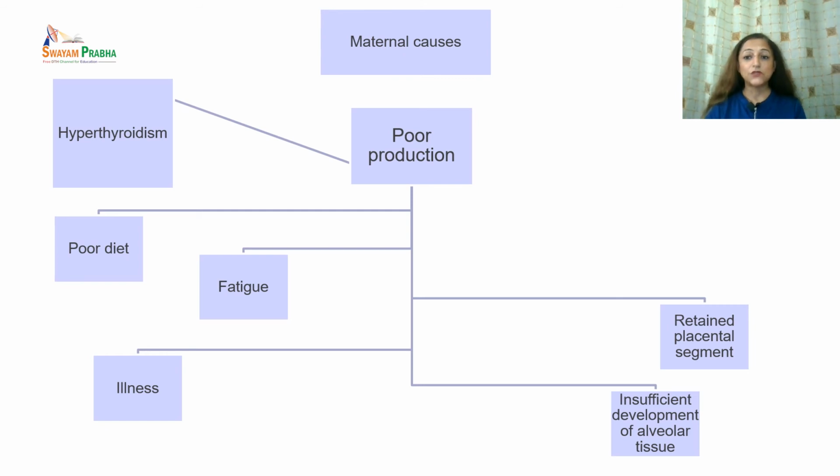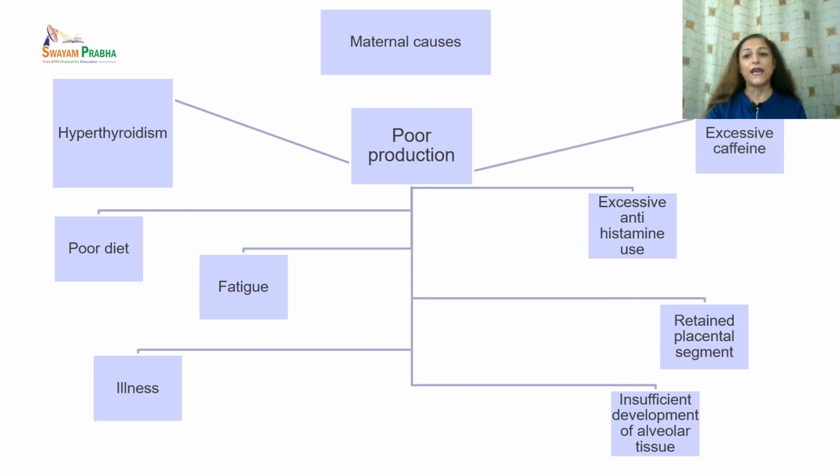So if a segment of a placenta is retained in the body, or could not be propelled outside the mother's body, it will keep producing those hormones and milk production will be affected. Along with that, if the mother is taking antihistamine drugs, they also have an effect on milk production. Another important factor is excessive caffeine intake by the mother.